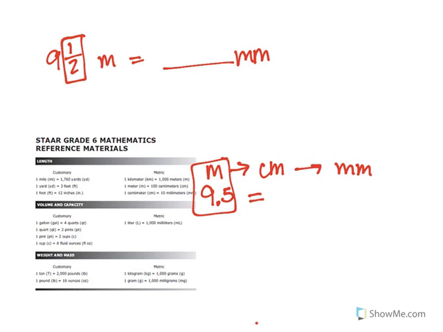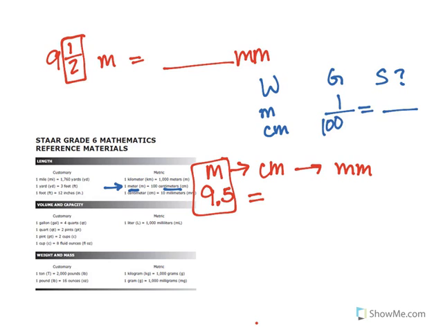So I have to turn that first into centimeters. All right, let's use our What Got Stuck. I'm just going to put WGS. All right, what am I comparing? Meters to centimeters. Got, what information do I have about meters and centimeters? Well, I know that 1 meter is 100 centimeters. And in the problem where I'm stuck, I have 9.5 meters. So I'm putting 9.5.